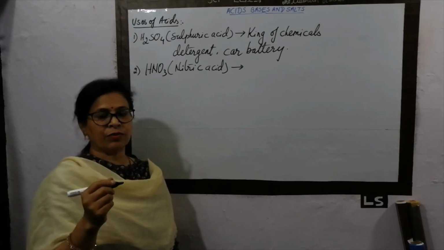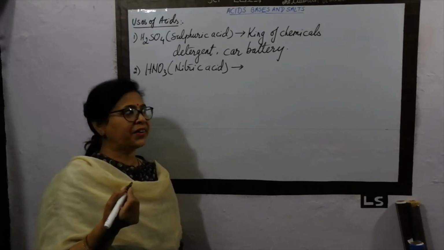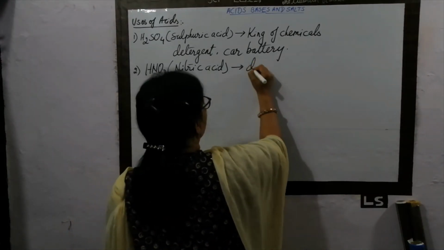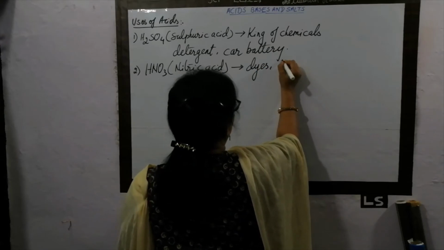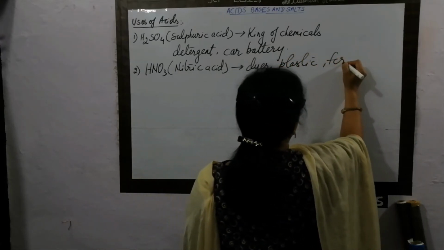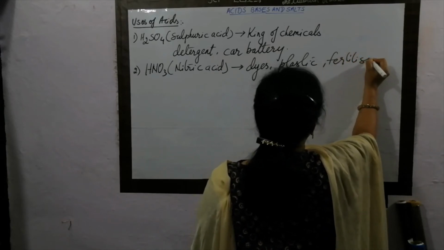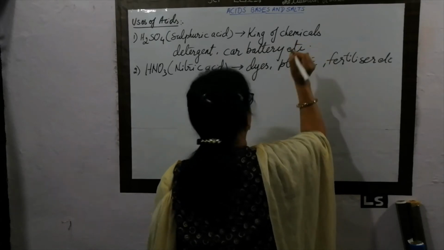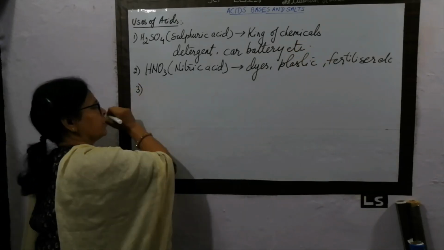Nitric acid is used for making the dyes, plastic, drugs, and then fertilizer also. Okay, various uses are there. You must write only a few. There's no need to write too much in that.